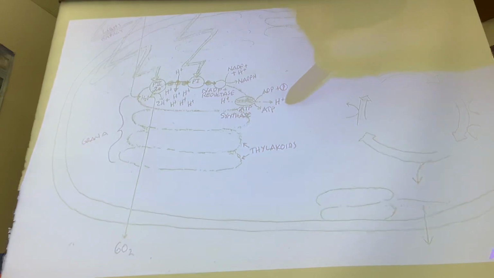These protons are eventually going to get put onto the NADP plus to make NADPH, right? Along with the electrons that were coming down the transport chain. So we've made NADPH and ATP for use in our Calvin cycle.